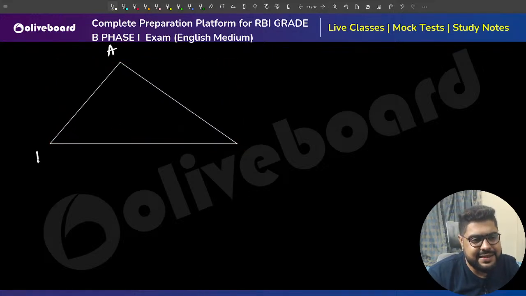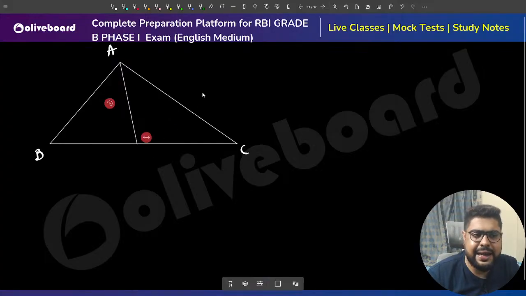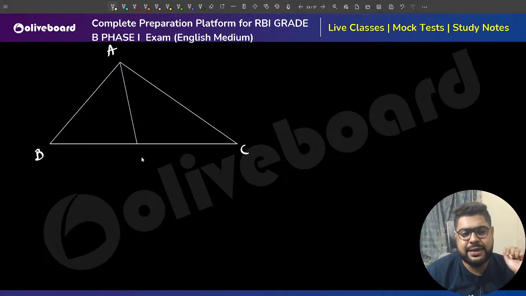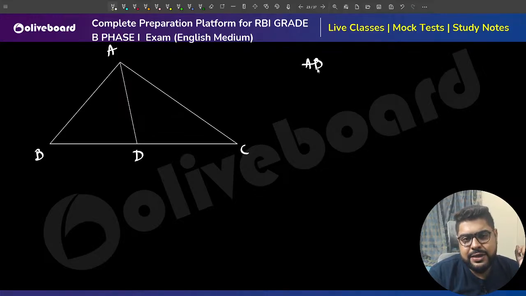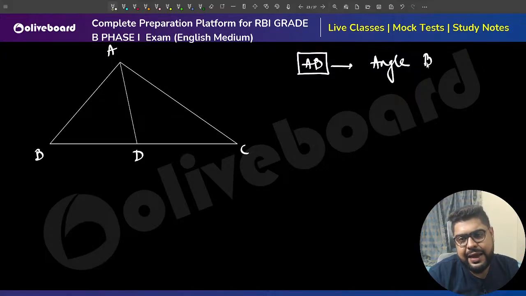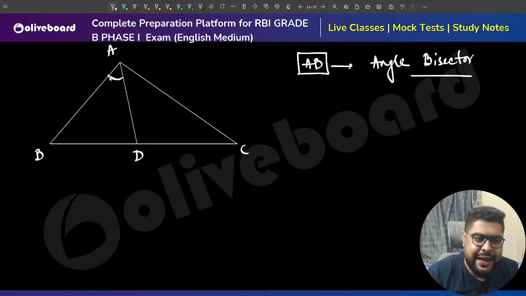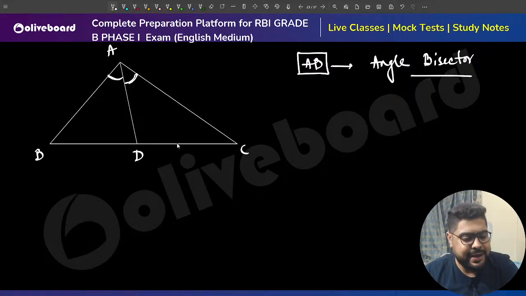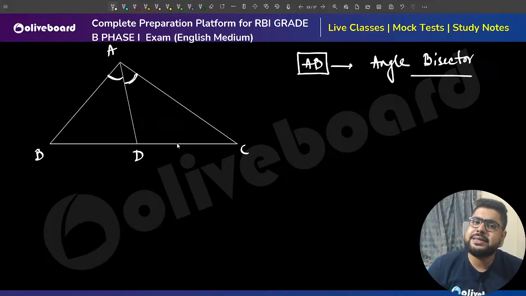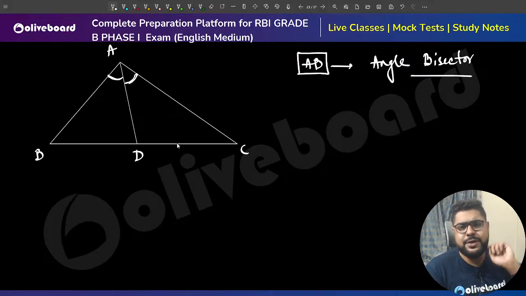Let's say this is A, B, and C. And if you draw the angle bisector of this triangle's angle A, say this is the angle bisector, this is D. So AD is, sir, the angle bisector of angle A. So this angle is equal to this angle. The angle bisector is the line that bisects any particular angle, A, B, C, whichever.